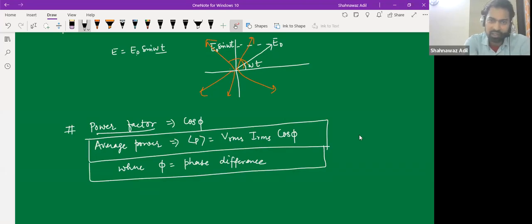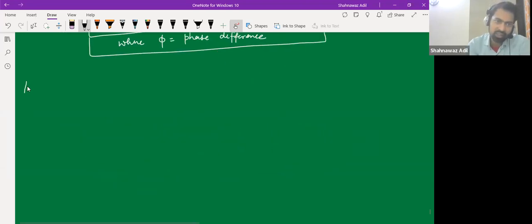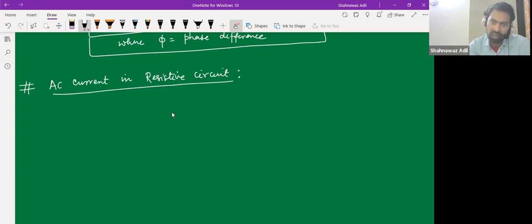And after that, what did we learn? We learned what would be the AC current in a resistive circuit. We had this resistive circuit, and we supplied an AC voltage. Then we saw what the current in this circuit was.